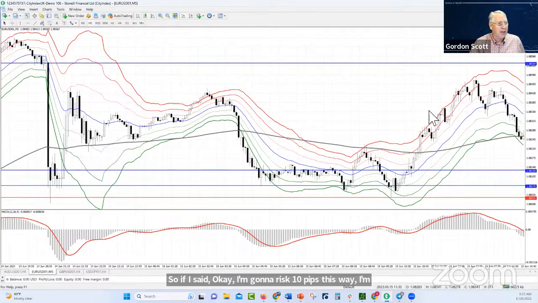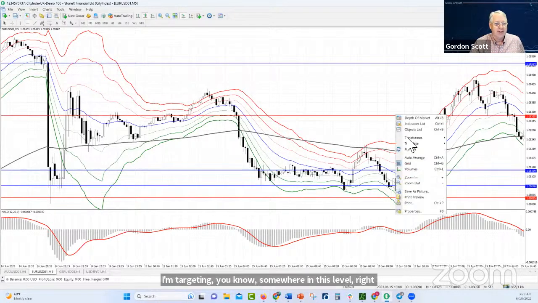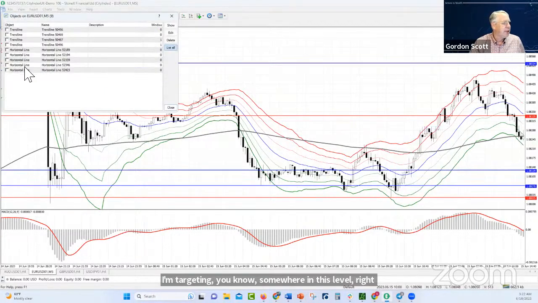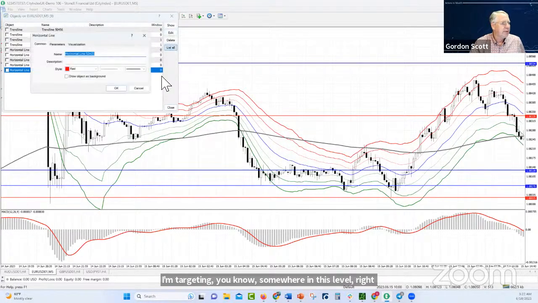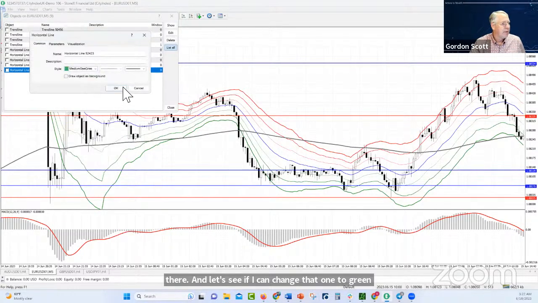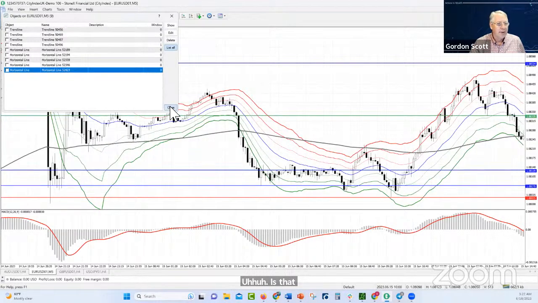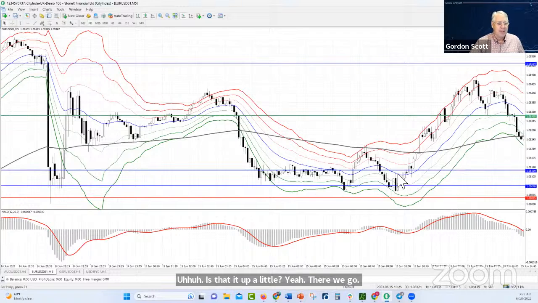I'm targeting somewhere in this level right there. And let's change that one to green. Just fatten it up a little. Yeah, there we go. So there it is. That's my trade setup. I'm going to try to enter here, stop there, and try to go there.